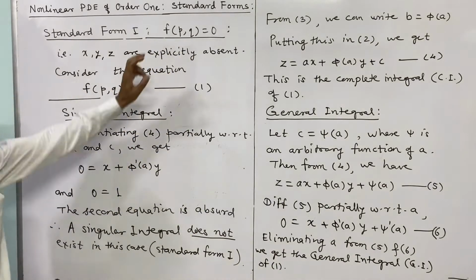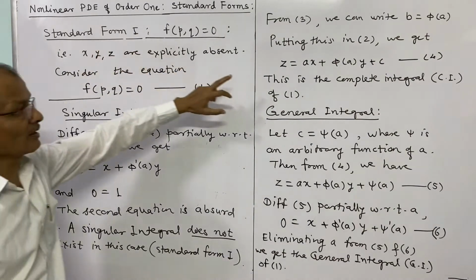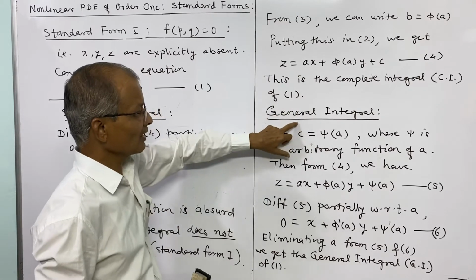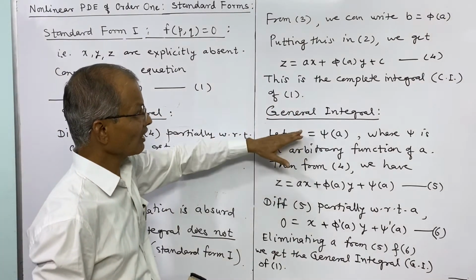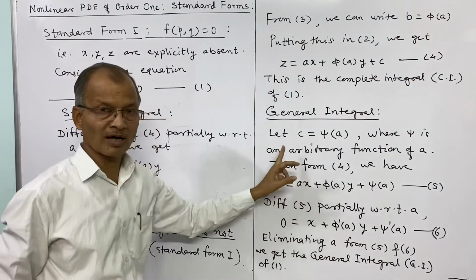So thus, for this standard form 1, we have seen how to write the complete integral, which is this, and then from the complete integral, if it is asked, we can obtain the general integral by this procedure, which we have written earlier also.